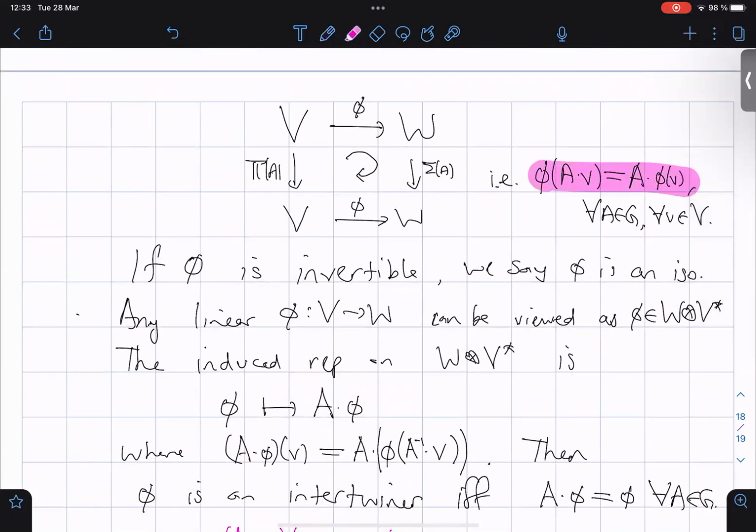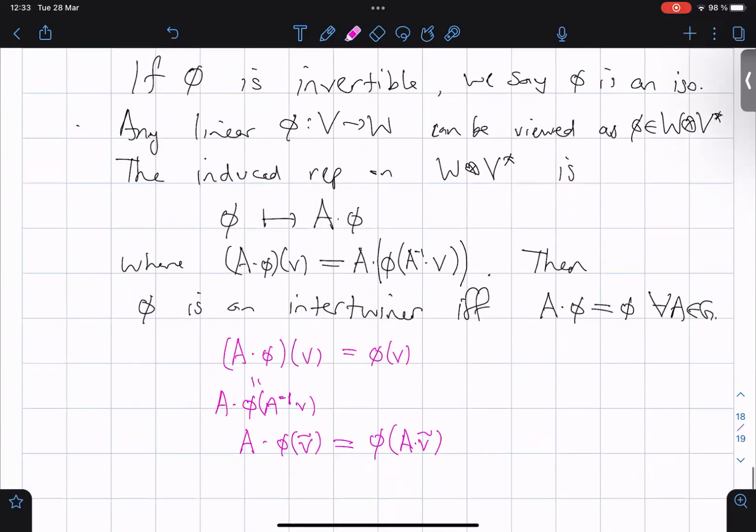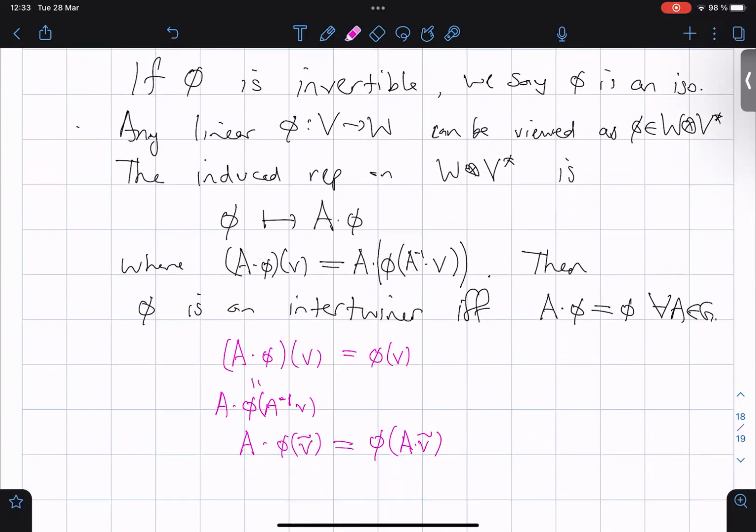This condition over here. So phi in this language is saying that phi is an invariant tensor.